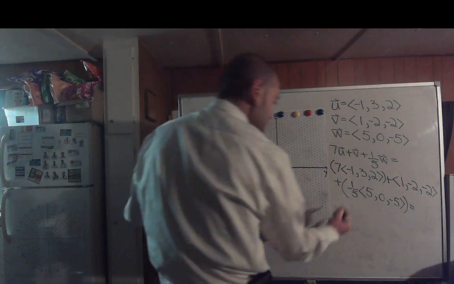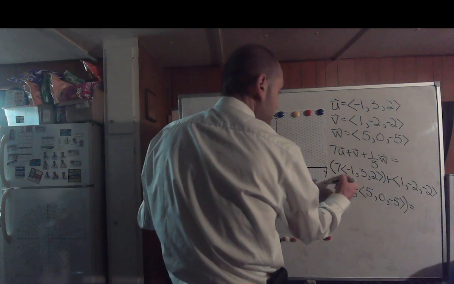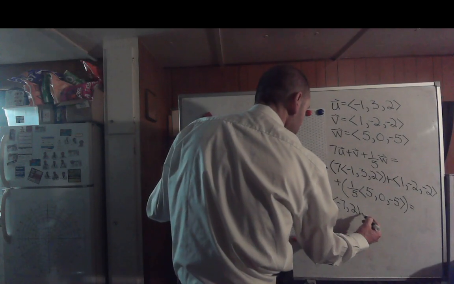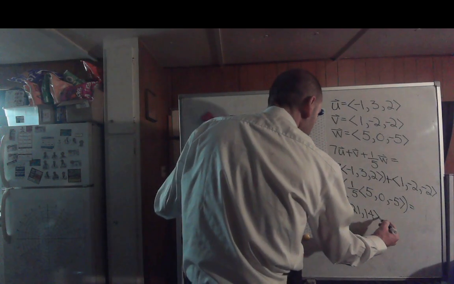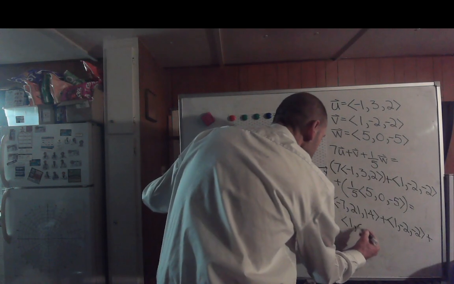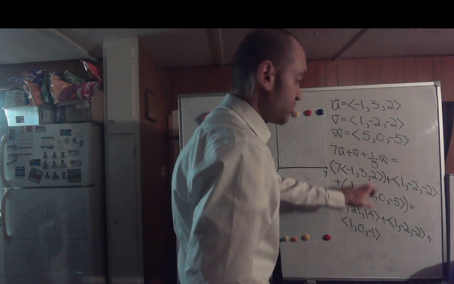Well, first let's just do all the distributing in our parentheses. So this would turn into, distribute the 7 in the first vector, you would get <-7, 21, 14>, plus that <1, -2, -2>, plus, take that 1/5, distribute it through your third vector, so that'd be plus <1, 0, -1>.